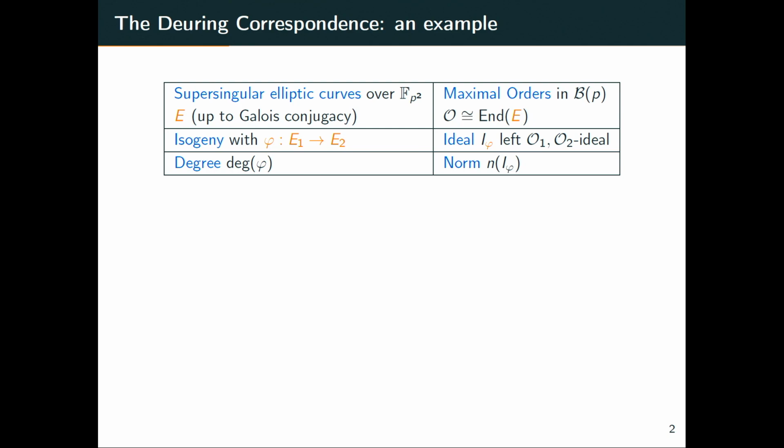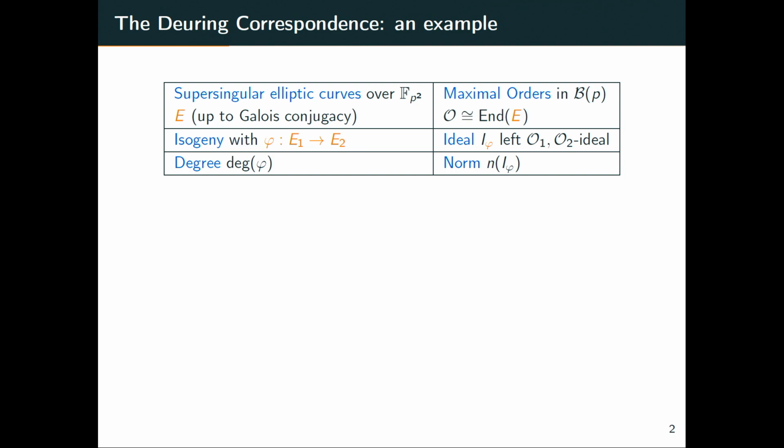A little bit more precisely, my Turing correspondence can be summarized with this small table. On the first line, I have the nodes of my graph: supersingular elliptic curves on one hand, and maximal orders inside a quaternion algebra. For this, I have to fix a prime characteristic p, and then the quaternion algebra I obtain only depends on p. I can realize this correspondence by looking at the endomorphism ring of the curve.